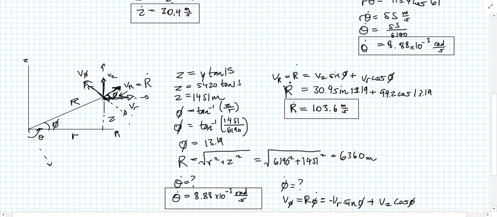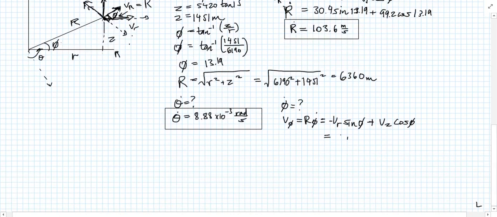We're trying to find the components of what we already know along this line, so we can use this information. So now we have Vz cosine theta. Vz we know is 30.4 cosine of 13, and that's not theta, that's phi, sorry, I misspoke.